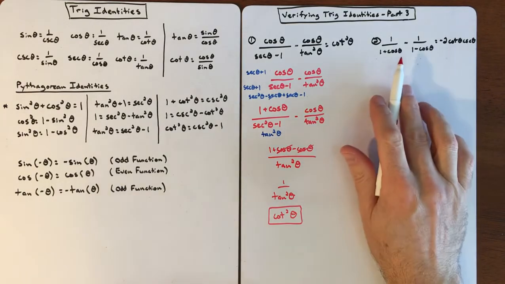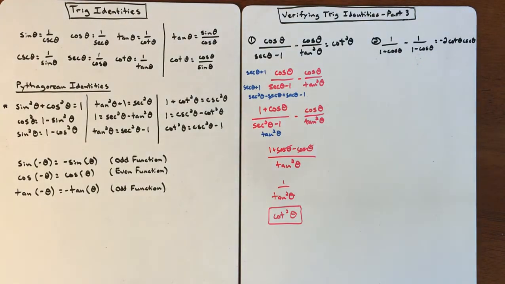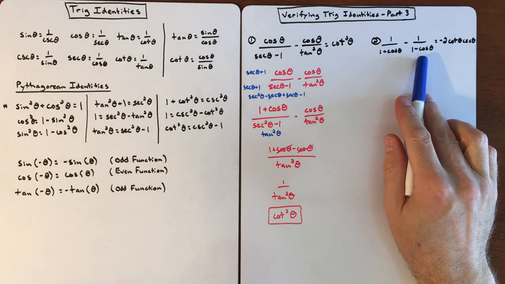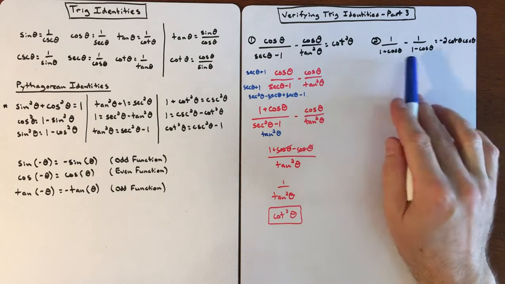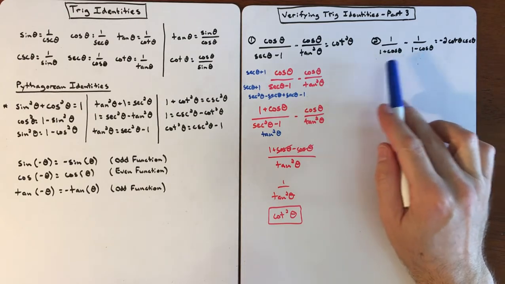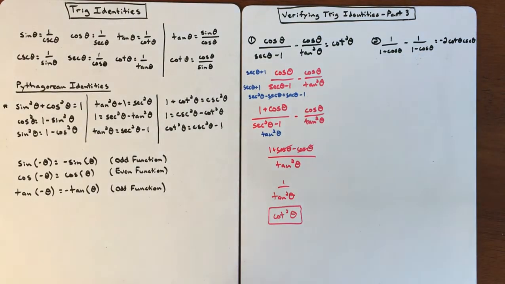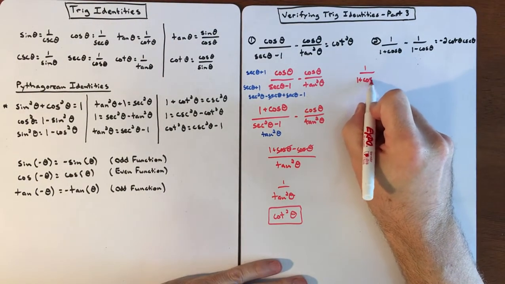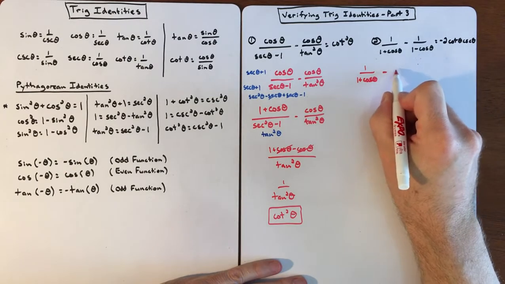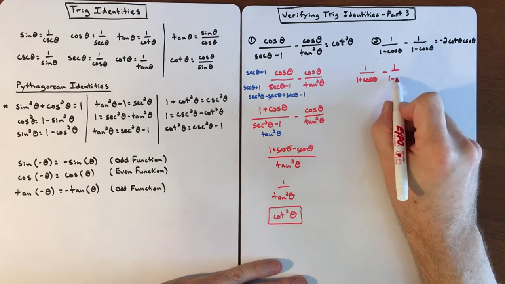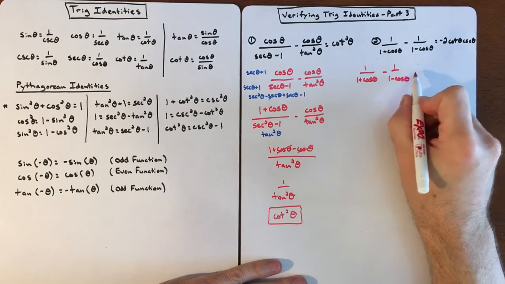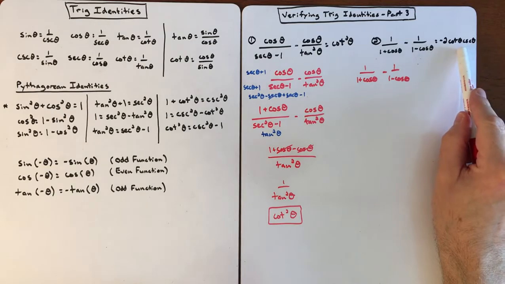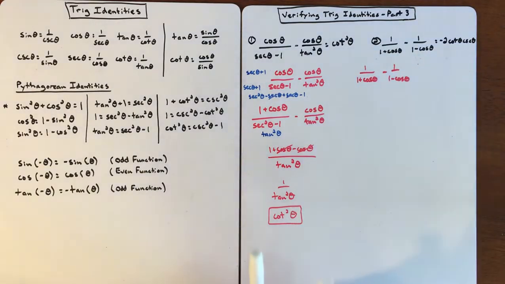All right. And then this one, again, we kind of have these denominators that don't have anything to do with each other, so we have to actually just multiply them to each other. So for our first fraction, 1 plus cosine of theta minus 1 minus cosine of theta. And we're trying to, again, put them together because there's no addition going on this side, so somehow they have to go together.